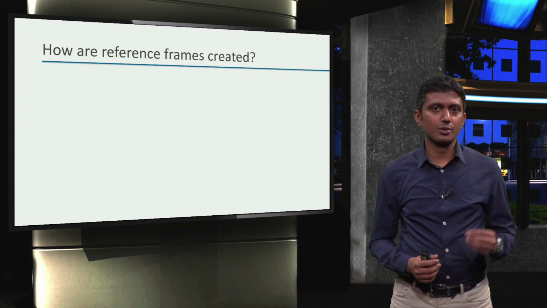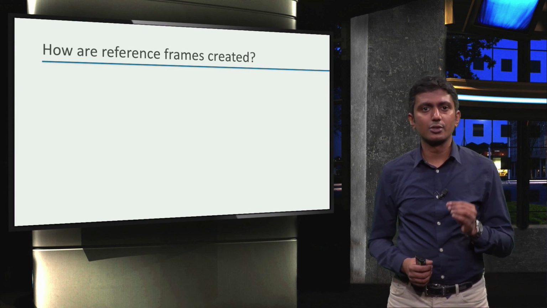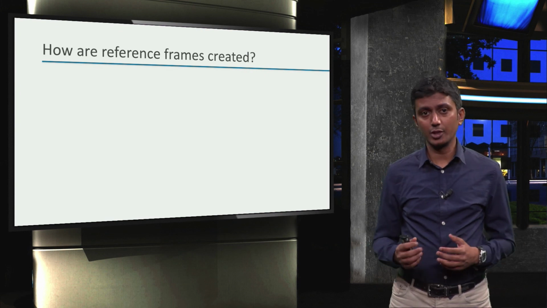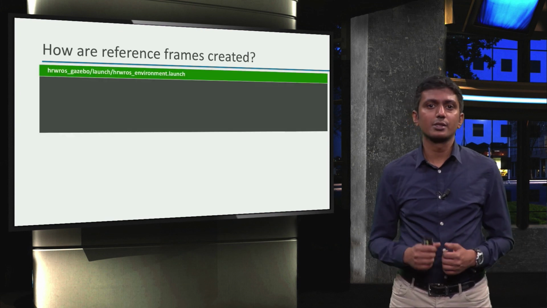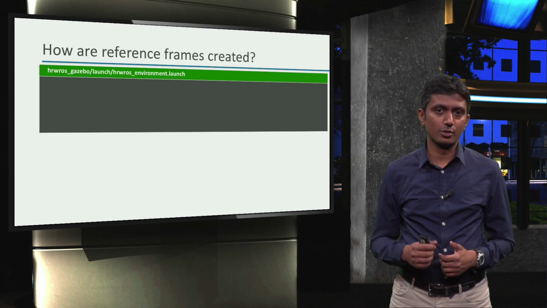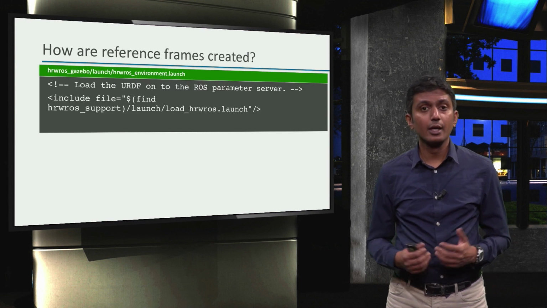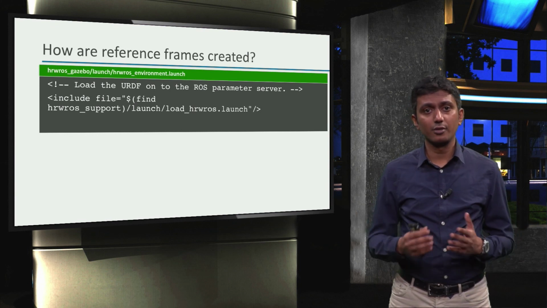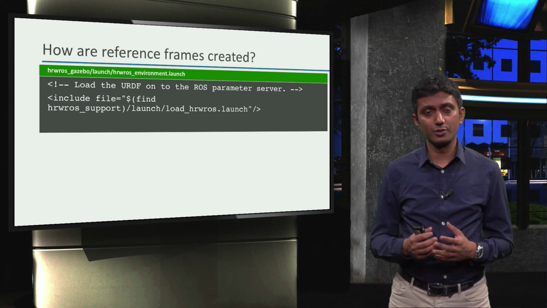Now, the second source of information, the robot_description parameter, which is populated from the Xacro files we made in week 2. We again look at a snippet from the hrwros_environment.launch file, where we load the URDF onto the parameter server via the load_hrwros.launch file.